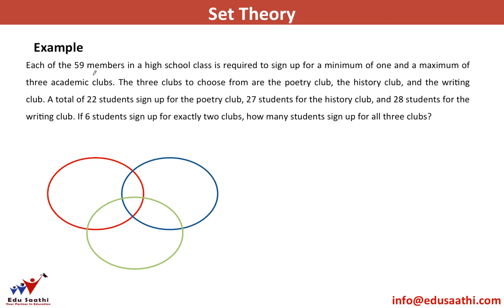Let's look at another question on three-way set Venn diagrams. This is a very important question and it will give you a lot of concept clarity. Each of the 59 members in a high school class is required to sign up for a minimum of 1 and a maximum of 3 academic clubs.